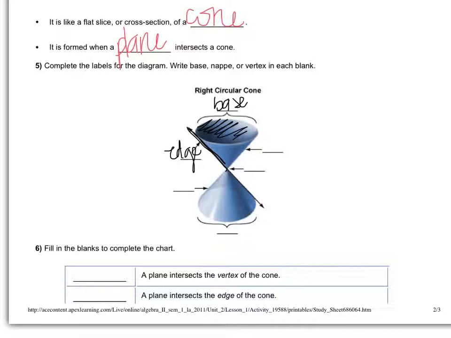The other side, this over here and this here, are called your nappe, N-A-P-P-E. And down here, where this is pointing, is again a base. And this point here that it's pointing to is called the vertex.